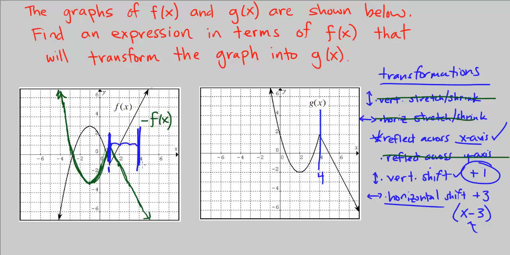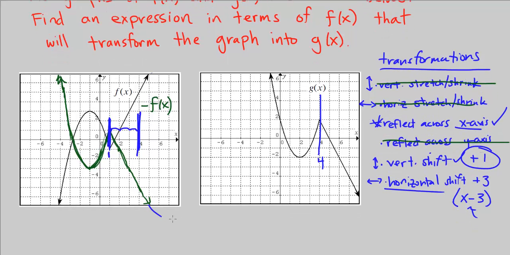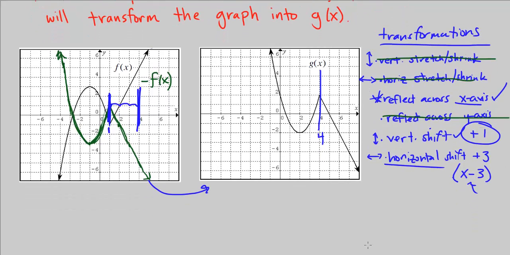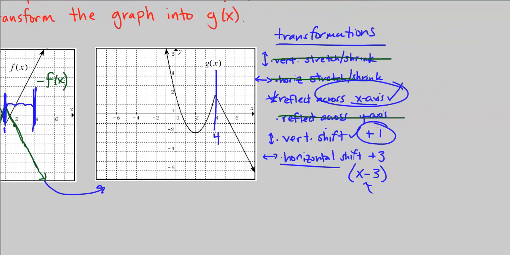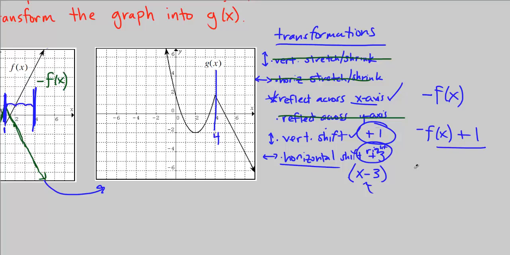All right? So that's going to go ahead and explain for us how to answer this question. Because what transformations took place? Well, let's go ahead and label them. Reflection across the x-axis we know is negative f of x. Vertical shift up plus 1 means we're going to go ahead and take negative f of x and add 1 outside, right? Horizontal shift right 3, right? This is saying right 3 units, means inside we have to put a negative. So it's negative f of x minus 3, plus 1.